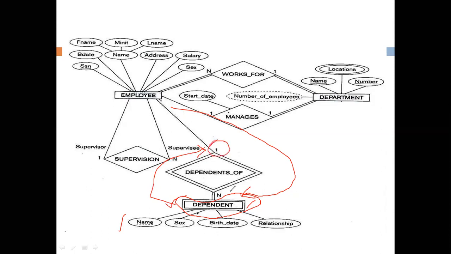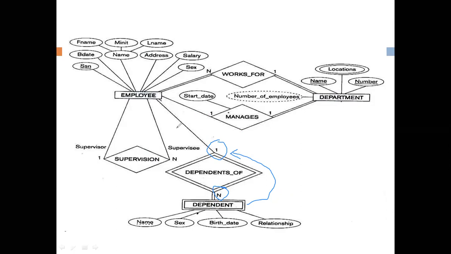So the cardinality ratios 1 and n will be present over here, right? One employee can have n number of dependents, and a dependent will belong to only one employee.